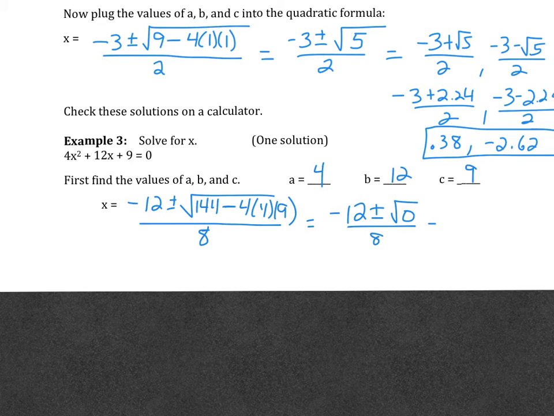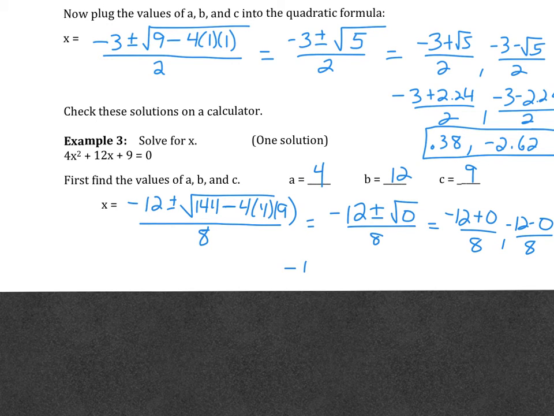And here's why when the discriminant is 0, there's only one solution. Because the square root of 0 is 0, and we have negative 12 plus 0 over 8, and negative 12 minus 0 over 8. Like I said last time, adding 0 and subtracting 0 are the same thing.